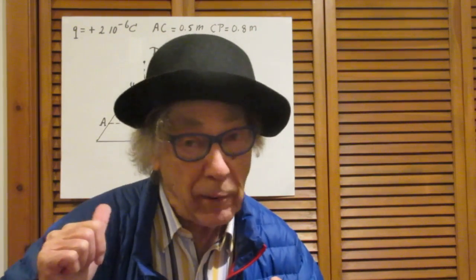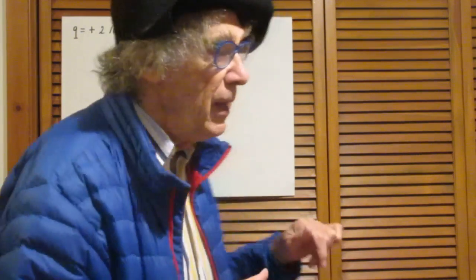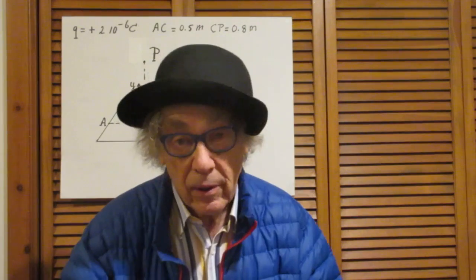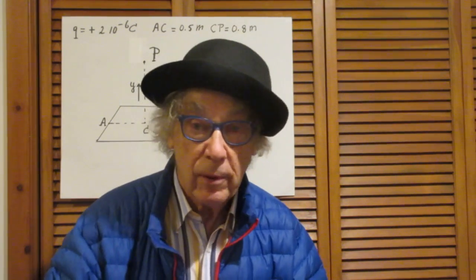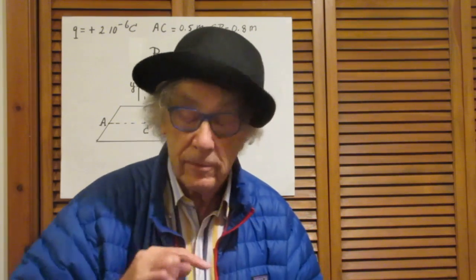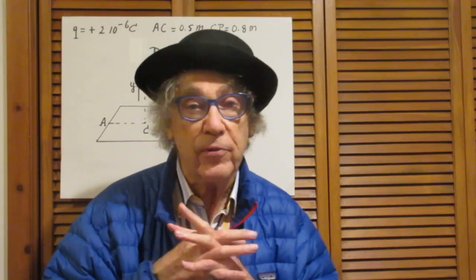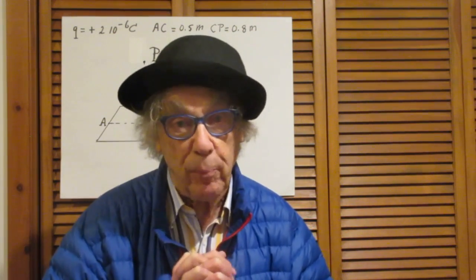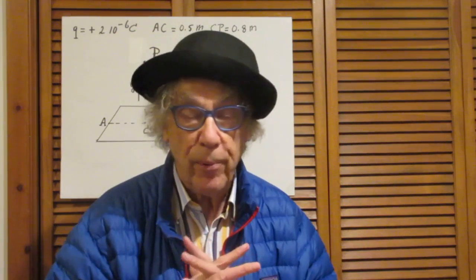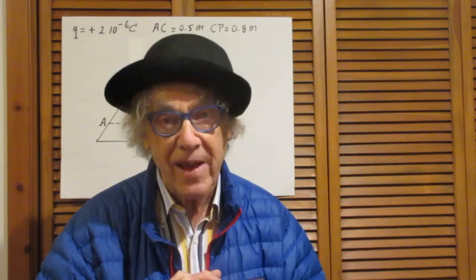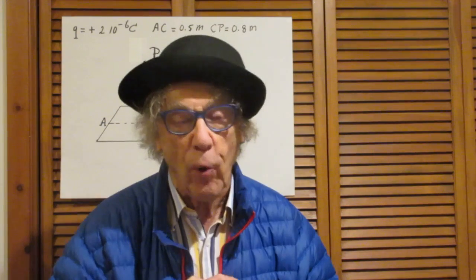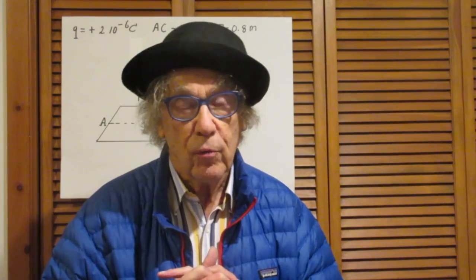So I would predict, and I'll be very honest with you, I haven't worked this out numerically yet, that the electric field at that point P will be different from problem 1, where we had a circular ring. In that case, we found that the electric field at point P was vertically pointing up, and it was 1.71 times 10 to the 4 volts per meter.